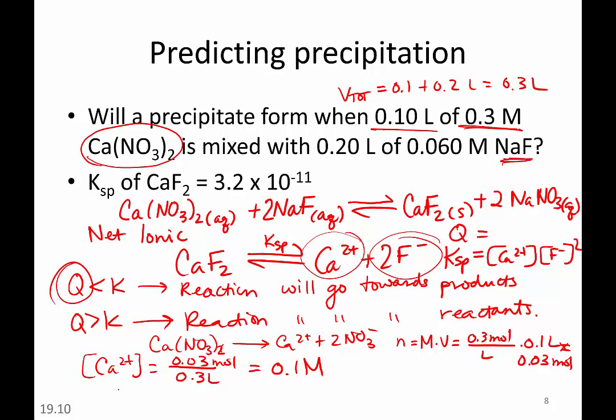So we'll just do it right here. 0.06 moles per liter times 0.2 liters, and divide that all by our new volume, which is 0.3 liters, and we get that our concentration of F minus is equal to 0.04 molar. That's our concentration of our F minus.